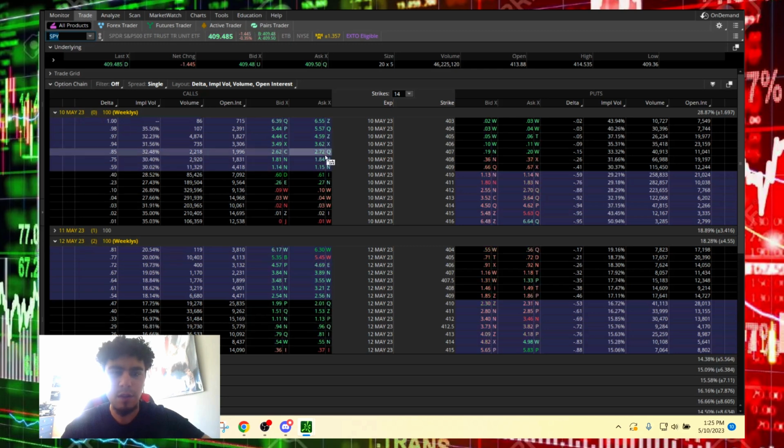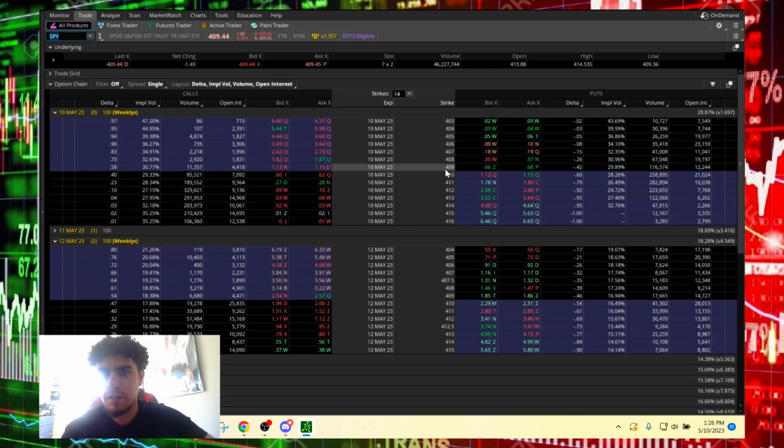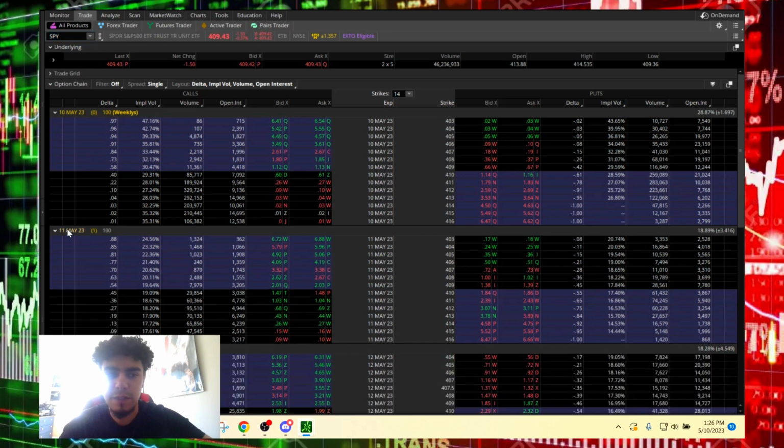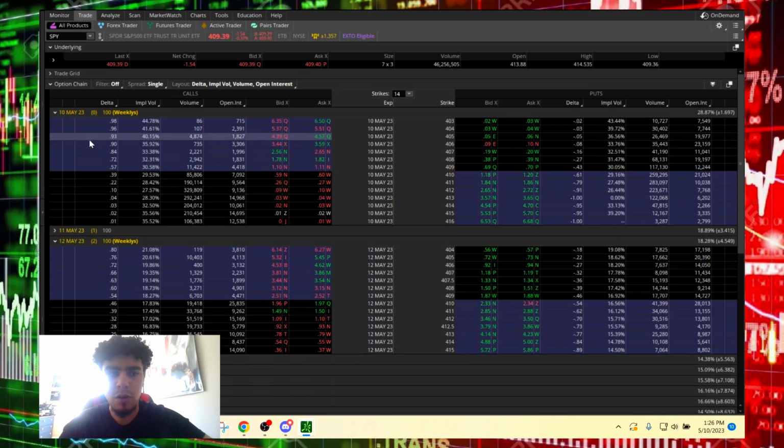Since they have expirations every day, these contracts are going to be more volatile if you do today's expiration. So what you can do is either pick tomorrow's expiration, which is going to be a little safer, also a little bit more expensive, or you can do in the money.